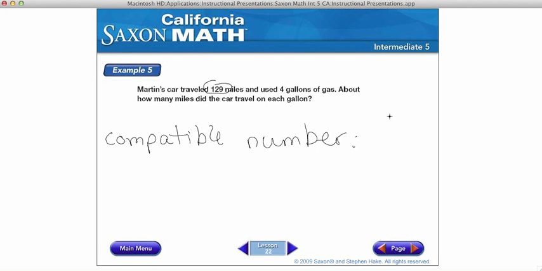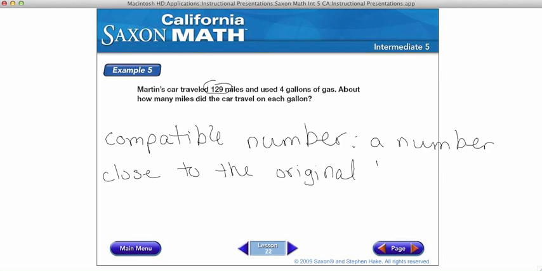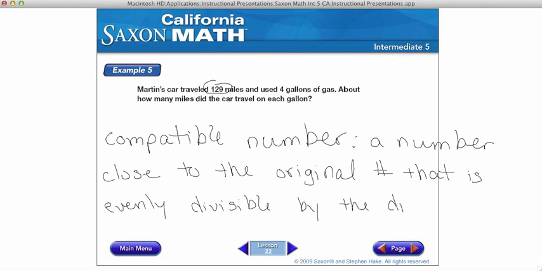A compatible number is a number close to the original number that is evenly divisible by the divisor. Okay, write that down. So in this problem, 4 is my divisor.